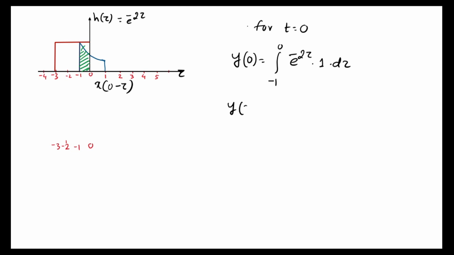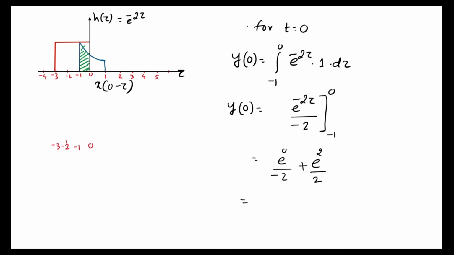Simplifying this, we can write y of 0 is equal to e power minus 2 tau divided by minus 2, from minus 1 to 0, which is equal to e power 0 divided by minus 2 minus e power 2 divided by minus 2, which can be represented as plus 2.